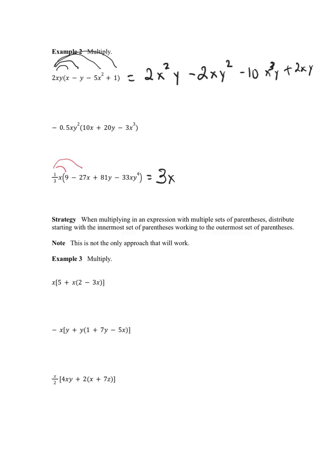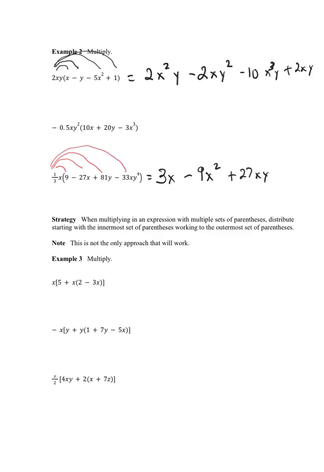Then on the next multiplication, the 3 cancels out with the 27 because 3 goes into 27 9 times. So that would be negative 9, but x times x would be x squared. 3 goes into 81. Well, that's 27 times, so that reduces to be a plus 27xy.